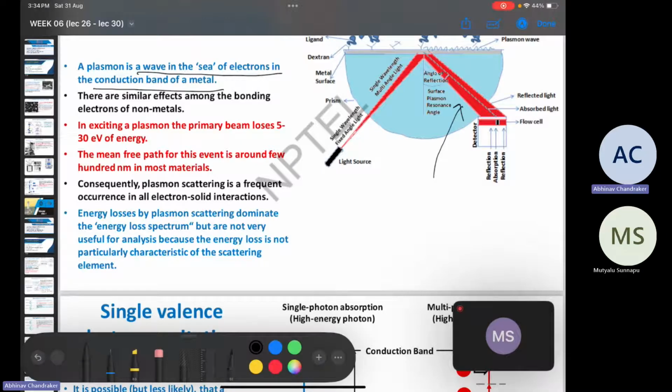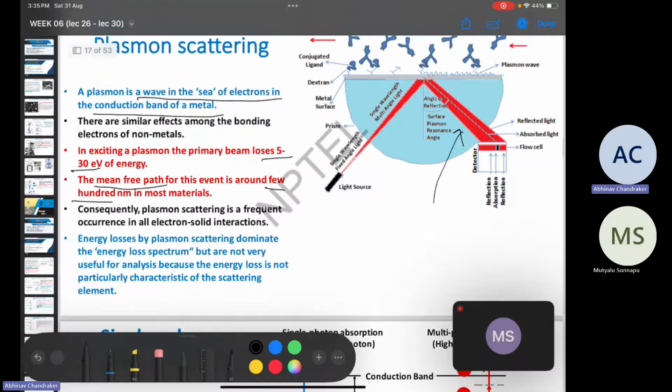For this, the loss in energy is 5 to 30 electron volts, which is significant, and the mean free path is low in case of plasmon scattering, in a few hundred nanometers.